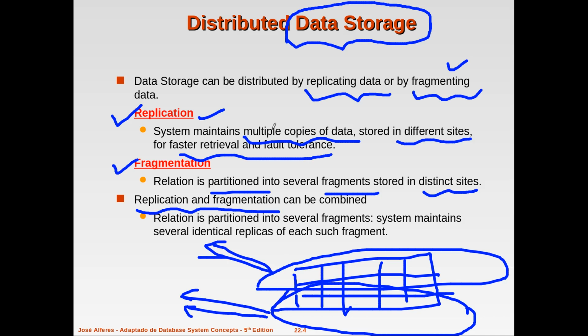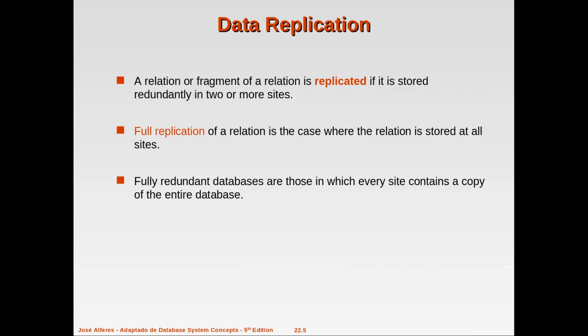So either the entire relation can be replicated, or we can divide the relation into different fragments, and these fragments can be replicated. So replication, fragmentation, and the combination of replication and fragmentation.